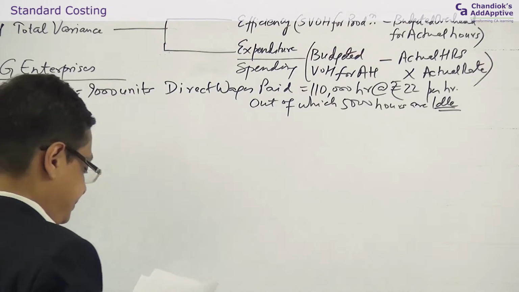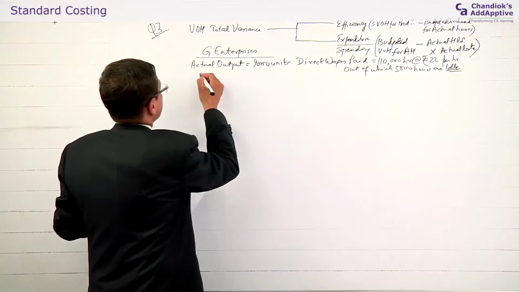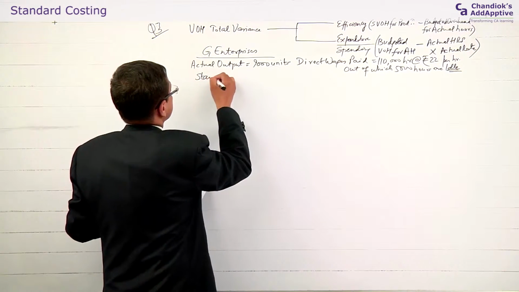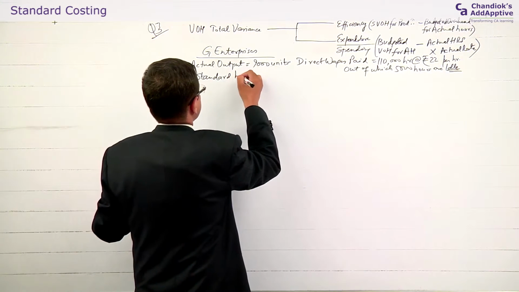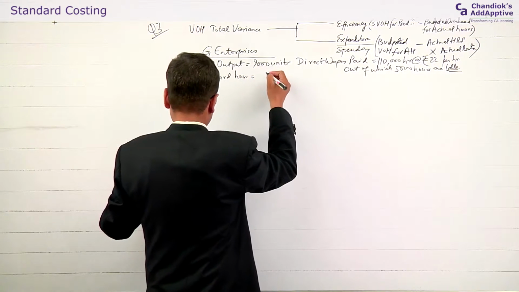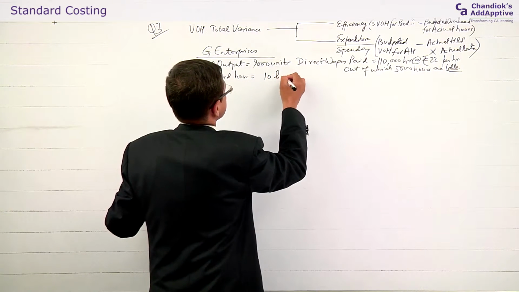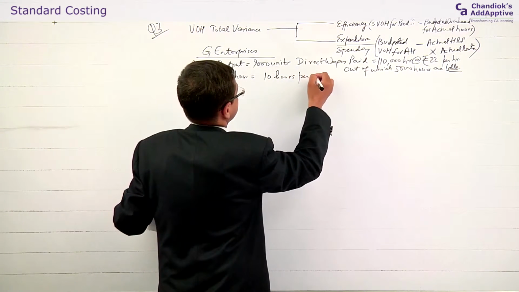Very important. Your standard hour is 10 hours per unit.